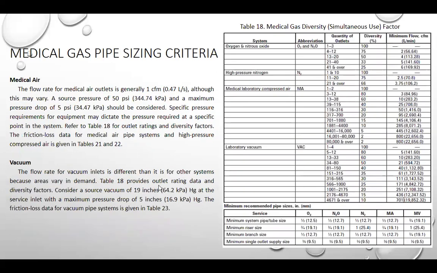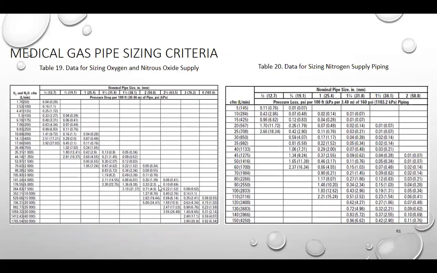So, ito, naulit. So, ito yung mga table 19. Data for sizing oxygen and nitrous oxide supply. So, dito yung mga pipe mo, this is the nominal pipe size. Hindi outside. 1/2, 3/4, 1, 1-1/4, 1-1/2, 2, 2.5, 3, 4. So this is now ACFM. This is the pressure drop.